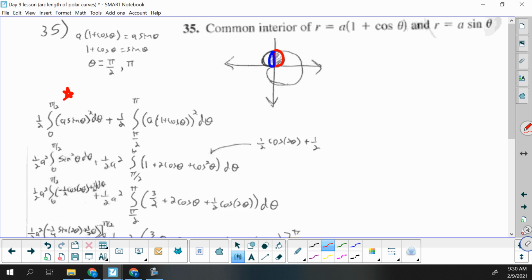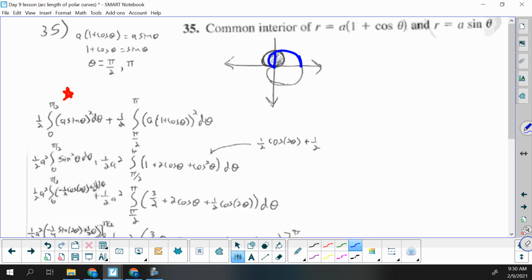Well, notice I set equal there to find the intersections. So we had an intersection at pi over 2, and then it's back at pi, because our other one is really going like this. There's 0, there's pi over 2, there's pi.